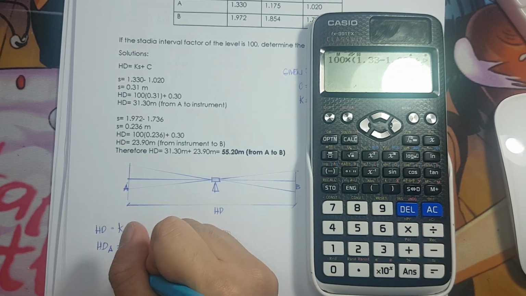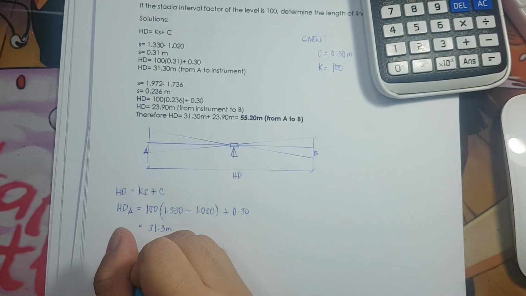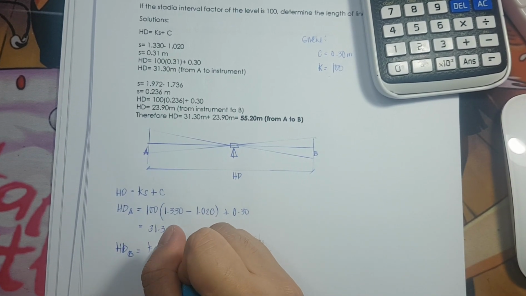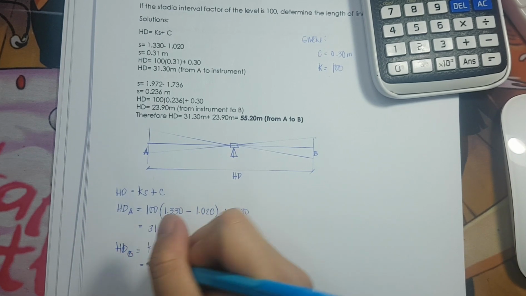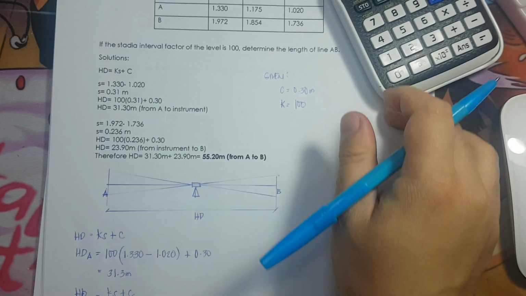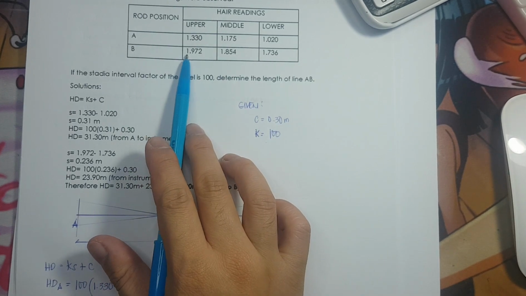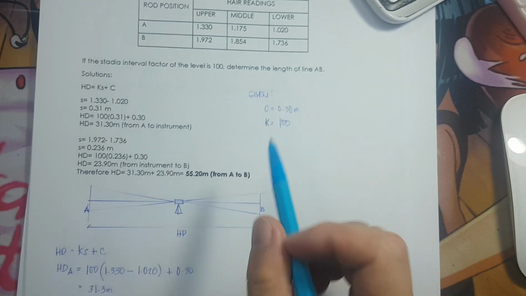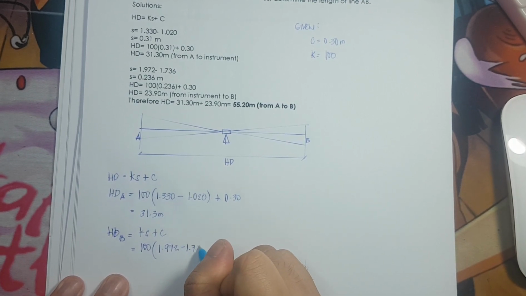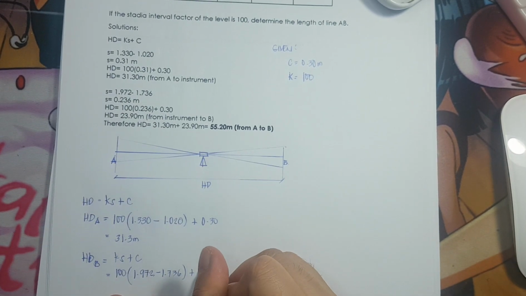So, 31.3 meters. Next would be at point B. HDB is equivalent to KS plus C. K is again equivalent to 100 times the stadia intercept, or S, the upper reading minus the lower reading: 1.972 minus 1.736, plus the stadia constant of 0.3.